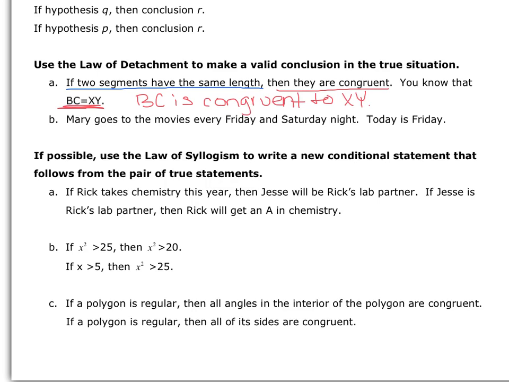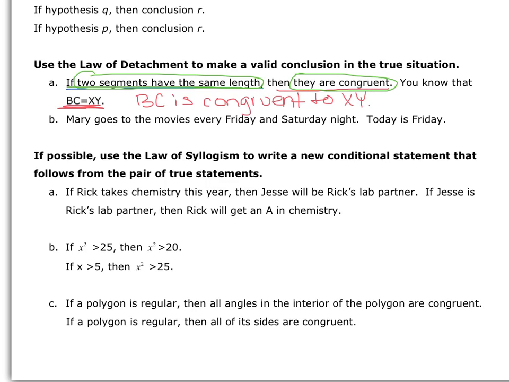Next, in B, it says Mary goes to the movies every Friday and Saturday night. First, you have to identify the hypothesis and the conclusion if it's not given to you in an if-then statement. The first one was given to us in an if and a then. Remember, anything after the if is the hypothesis, and what comes after the word then is the conclusion.